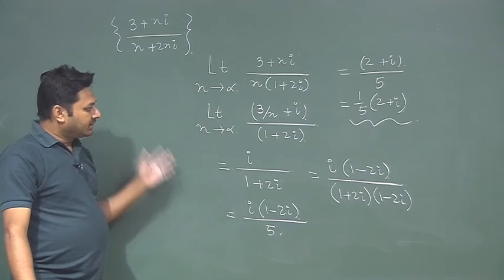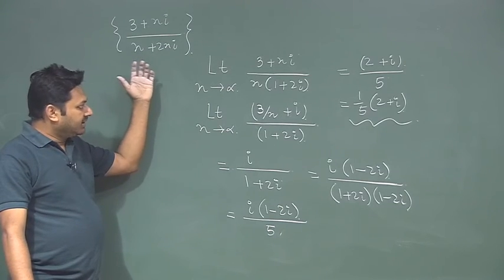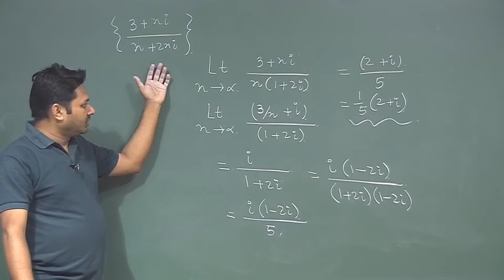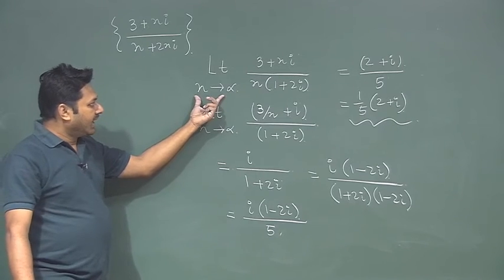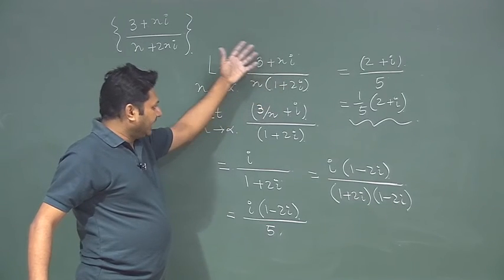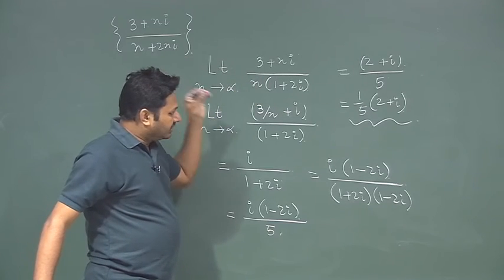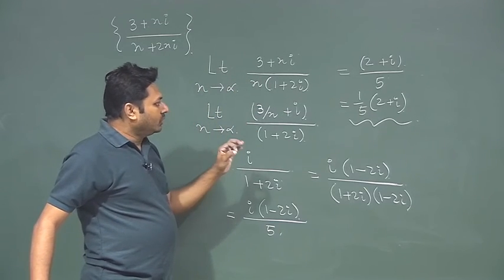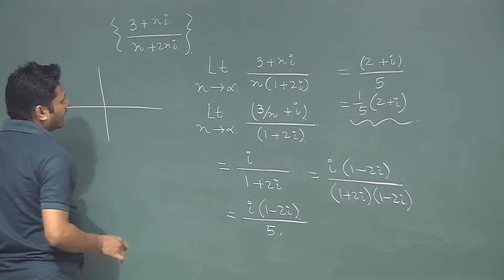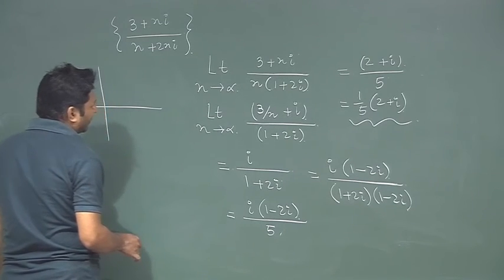Okay, after having discussed a lot about this, I believe whatever sequence is given to you, you can readily understand whether it is converging or not. It is not a very big deal. You just put the limit n tends to infinity on the nth term, and you will find that it goes to a specific point, here in this case 2 by 5 plus 1 by 5 i.